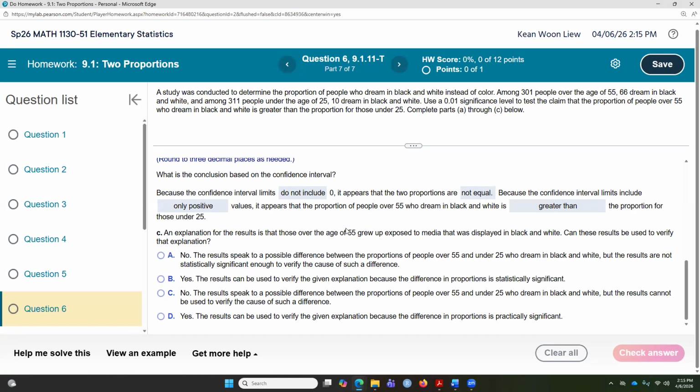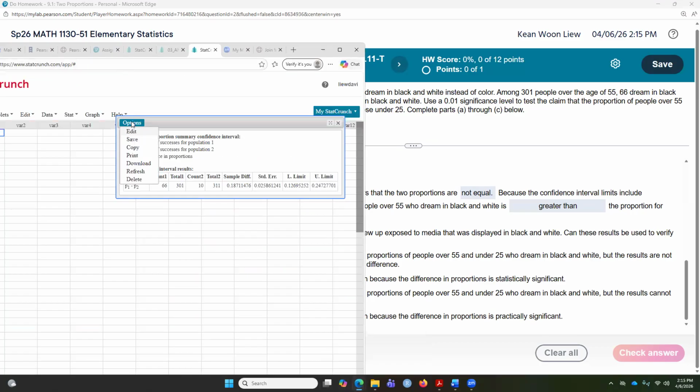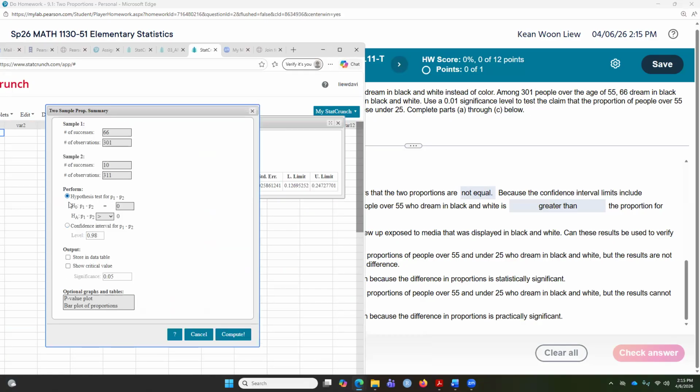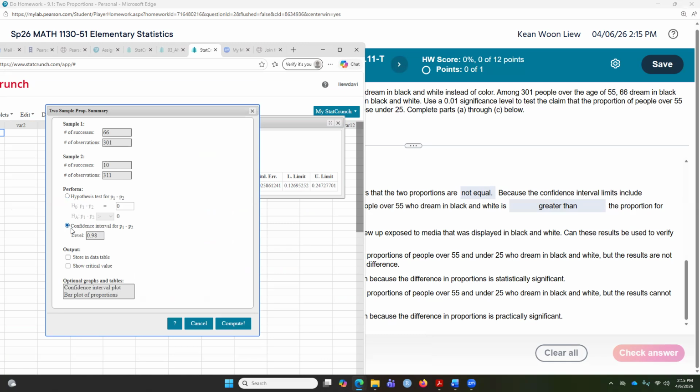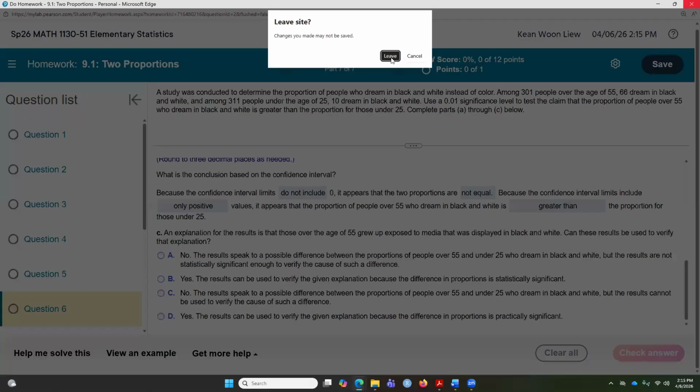The most important part is, when you use your StatCrunch, make sure you use Options and Edit. Then you just need to switch the hypothesis testing to confidence interval. Okay, so this is how we do this for the population proportion for chapter 9.1. Okay, and then we will go to 9.2 here.